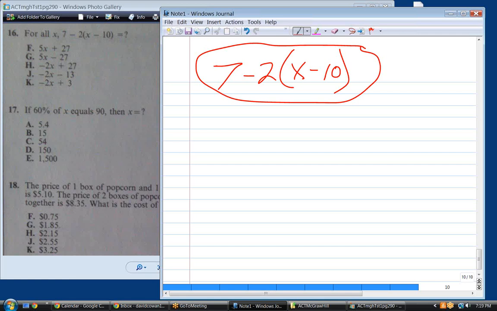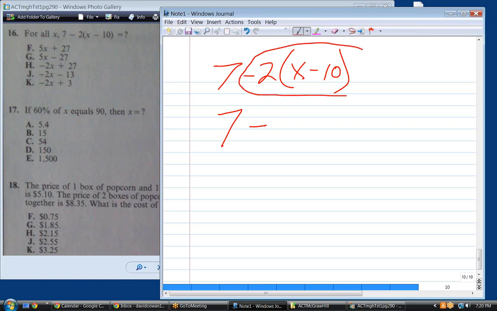PEMDAS, get rid of the parentheses. Tell me what that is equal to. It'd be negative 2x plus 20. Now simplify that.